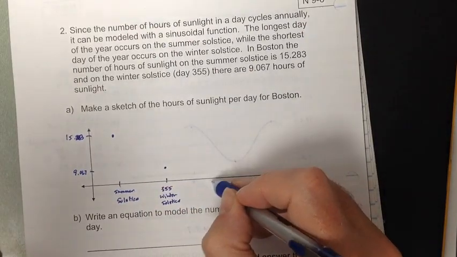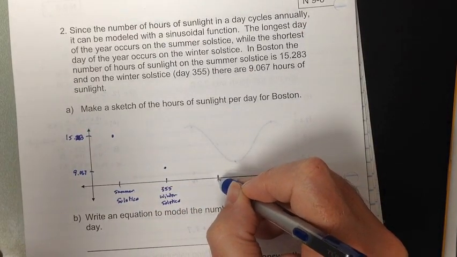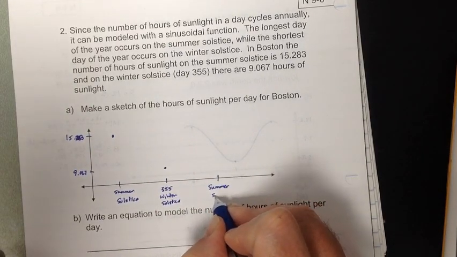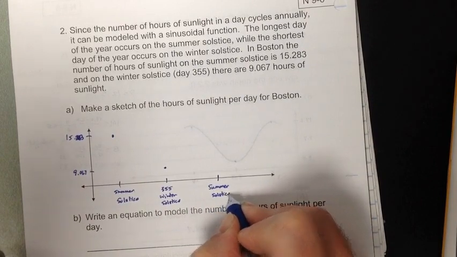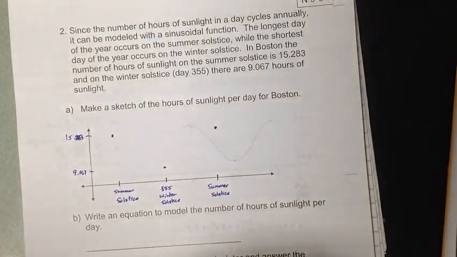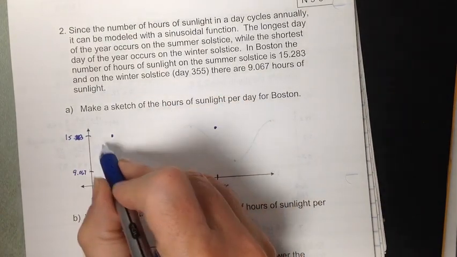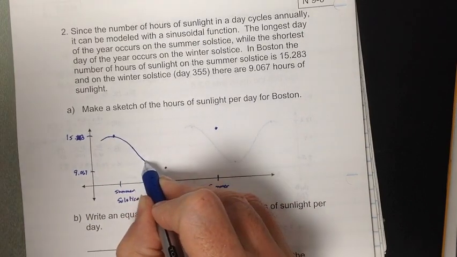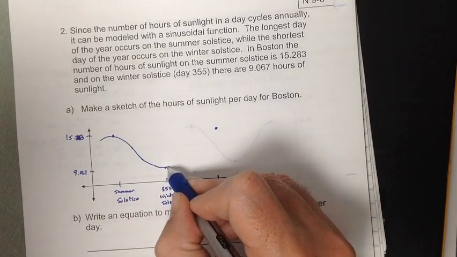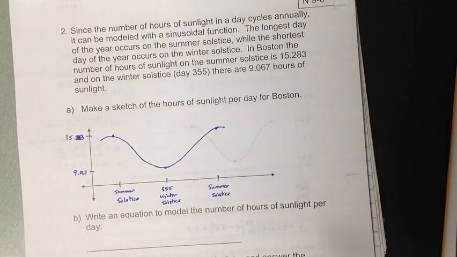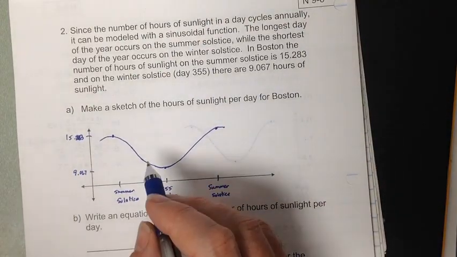And then evenly spaced out, my next summer solstice should be about right here. And that's back at my maximum again. Okay? So this will look like something like that.